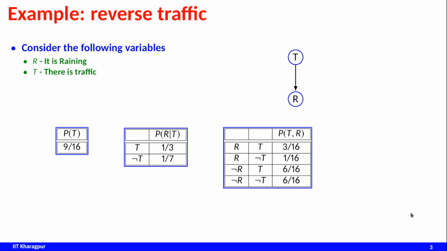Now, one interesting thing to note here: earlier we found the probability of traffic given rain, and now we are determining the probability of rain given traffic.